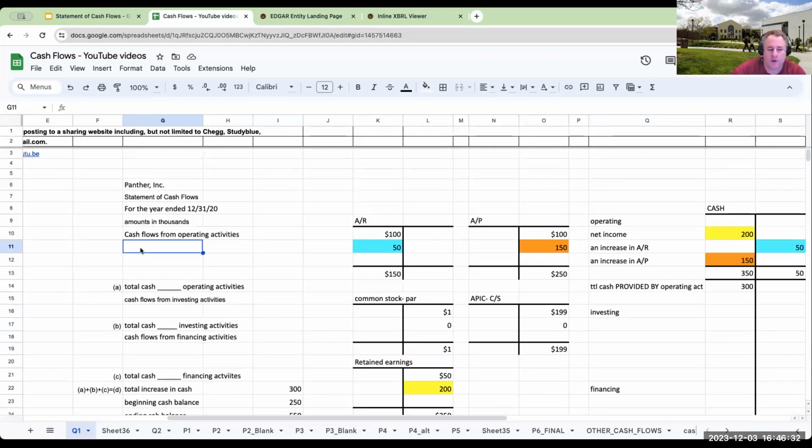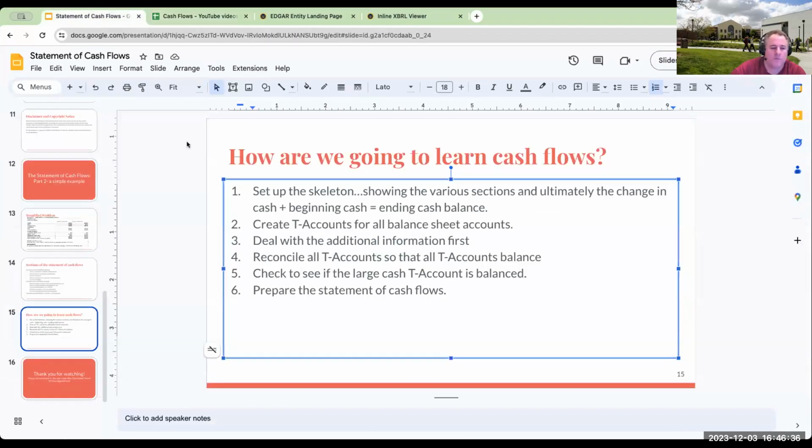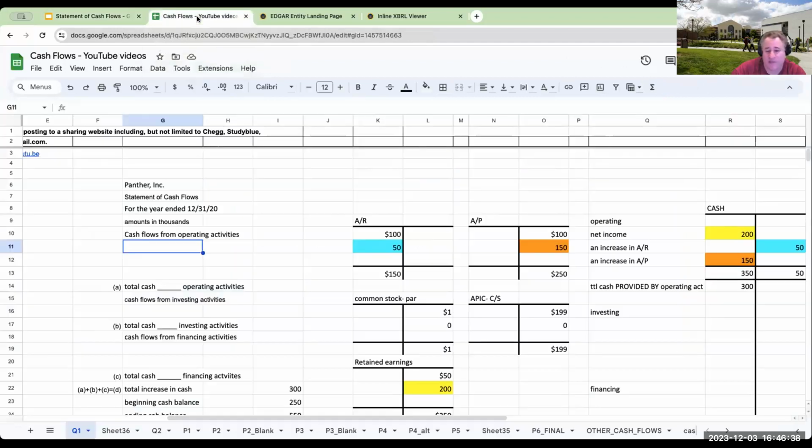So the last thing we're going to do is, once we've gone through, make sure the large T account is balanced. It is, it equals 300. I'm now going to input the different items over here. So I'm going to have net income. Now, when I'm doing this, if it's a debit, it's going to have a positive amount. If it is a credit like this one, which is an increase in accounts receivable, because this 50 is a credit, I'm going to show this as a negative amount.